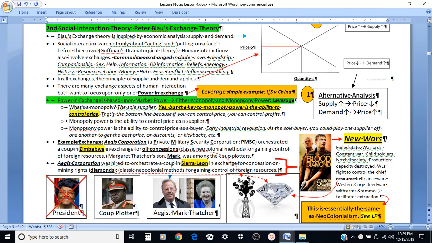In this current conflict, the U.S. definitely has the advantage, the leverage advantage, because China is far more dependent upon trade with the U.S. than the U.S. on China. China has far more to lose in the disruption of this trade than the U.S. So we have the leverage advantage, so to speak.